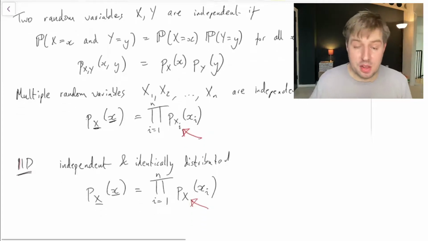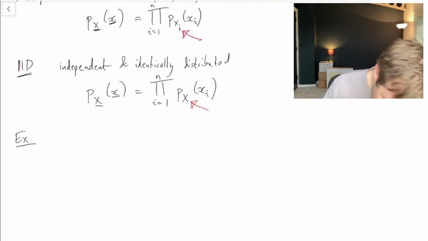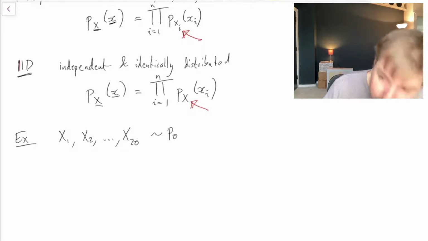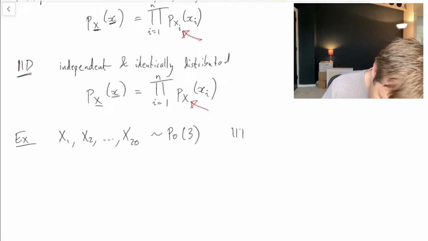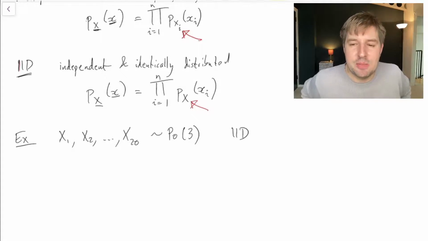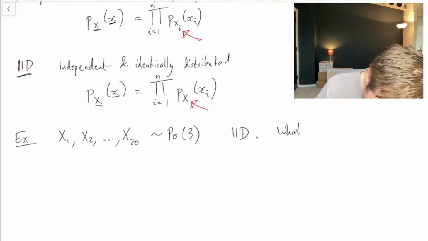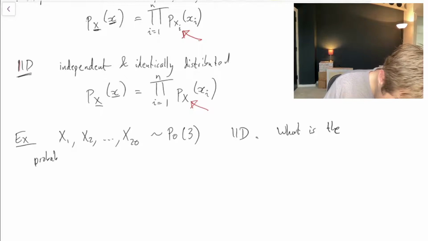Let's do a quick example of that just before finishing. Let's suppose that X1, X2 up to X20 are all Poisson(3), so Poisson distributed with rate 3, and they are IID, so they are identically distributed and independent. What is the probability they are all non-zero?